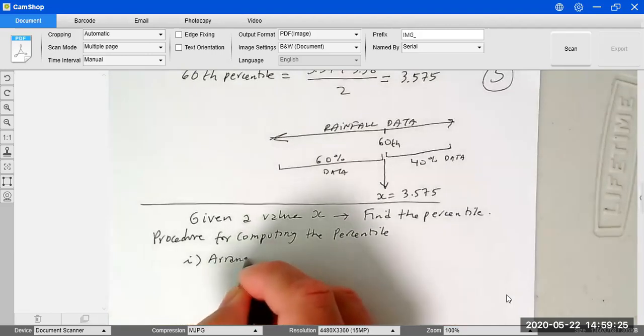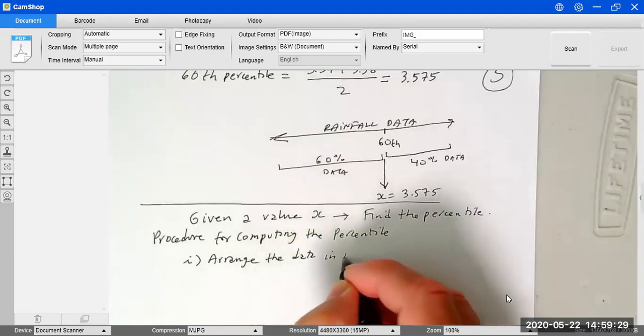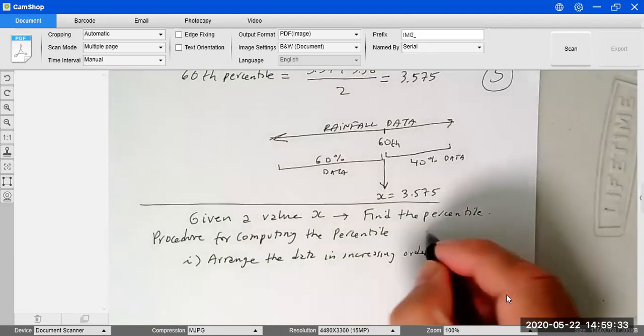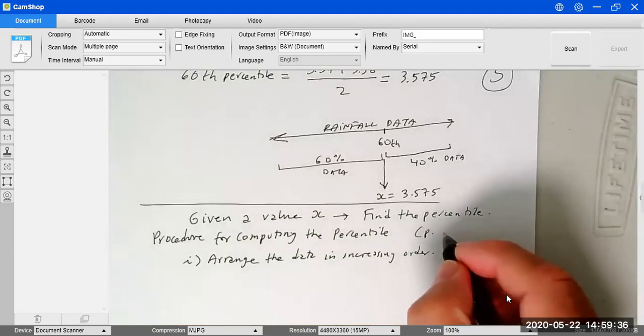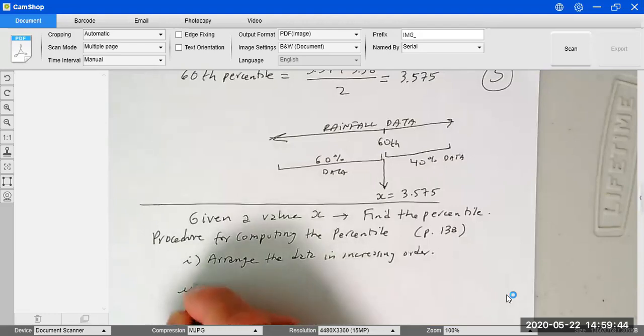So we arrange the data in increasing order. This procedure is on page 138. Then we're going to use a formula now.